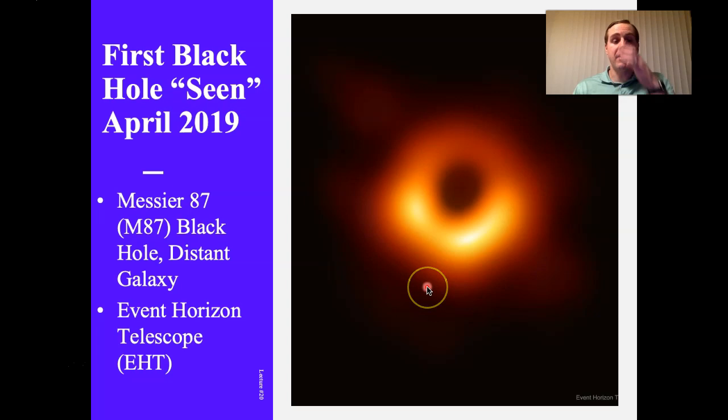Now, by the way, the Event Horizon Telescope team hopes to soon make animations of these things. So take multiple images and sort of put them together as a movie, so to say, to see how these things evolve in time. So we're living in exciting times now where we're starting to understand these distant objects in the universe.